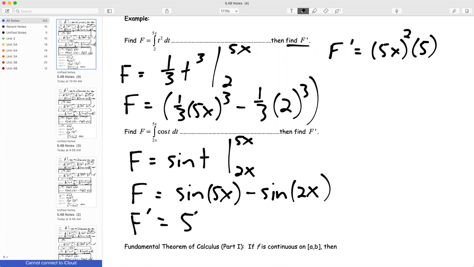I need an eraser. And check your answer with mine.